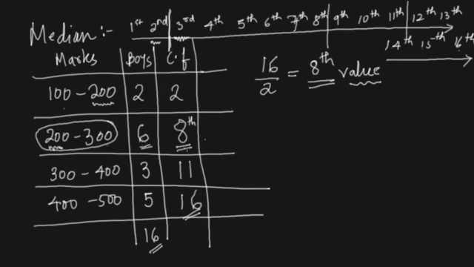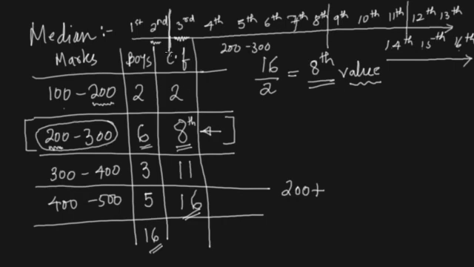So the eighth guy lies in this class. So that means this eighth guy at the minimum would score 200. That's for sure, because this group is between 200 to 300. That is what we are confirmed about. Now what we have to find out, exact is the wrong word, but the approximate value of marks that this eighth boy has got.